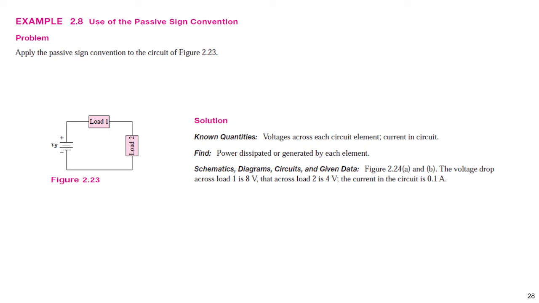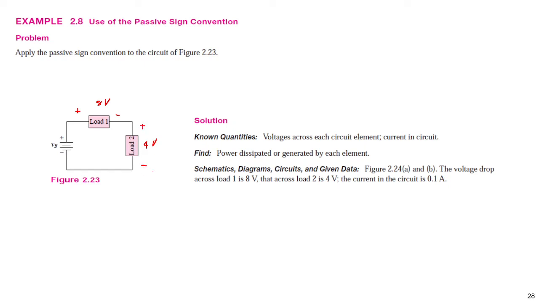Let's use the passive sign convention on this circuit. The known quantities are the voltage across each element, and we want the power dissipated or generated by each element. We see that the voltage drop across load 1 is 8 volts, and load 2 is 4 volts, with positive here and minus here.